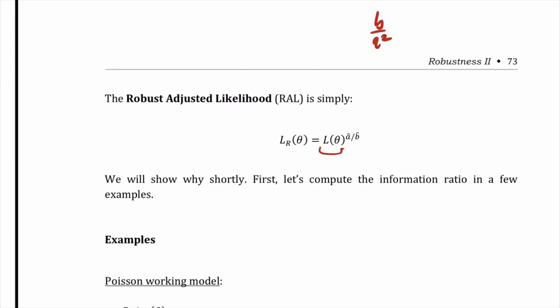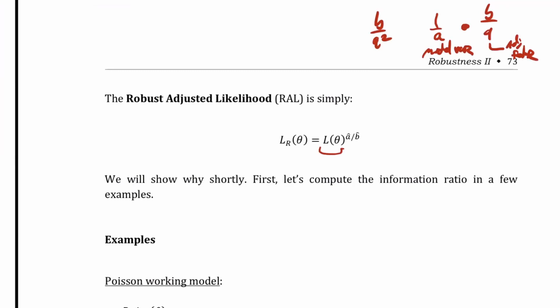If you think about 1 over A as the model variance, and the model variance is wrong, you want to multiply it by an adjustment factor, and that's this. This is the adjustment factor, B over A. And then the model variance times the adjustment factor will give you the right variance.